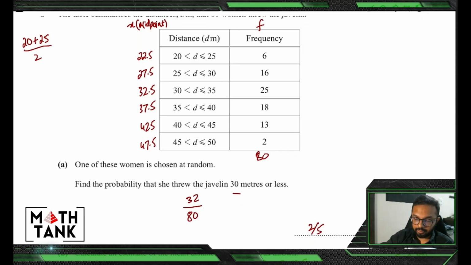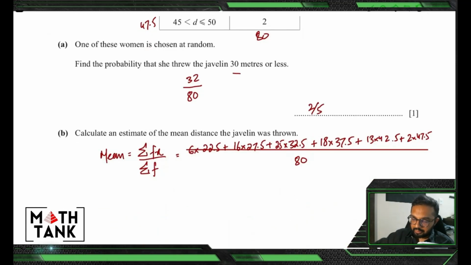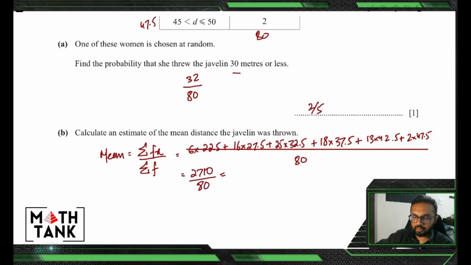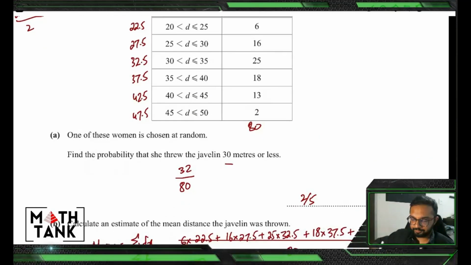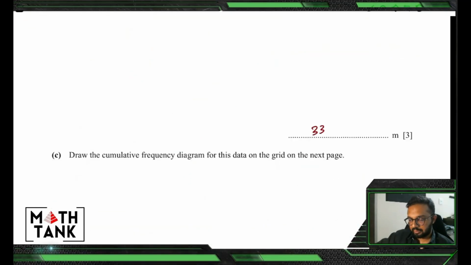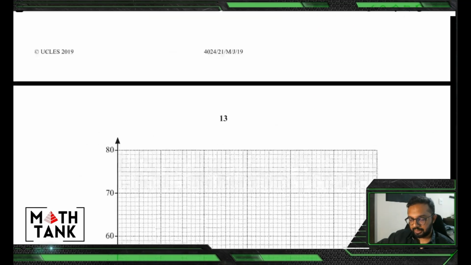I often do. I think it's 2710 over 80. 33.875. Sounds like a reasonable number. We'll go on and verify it in a bit.